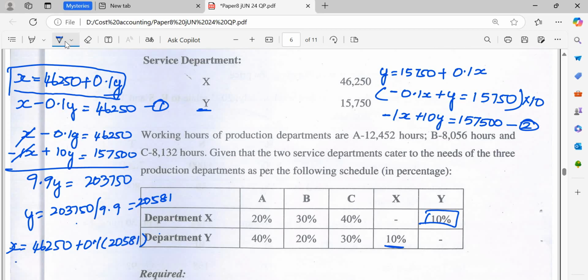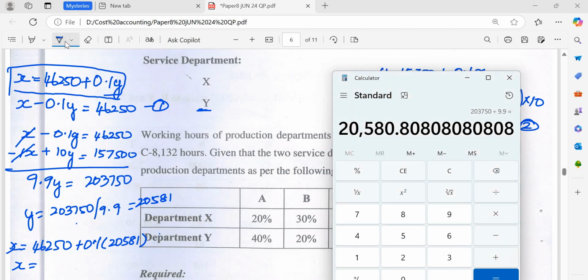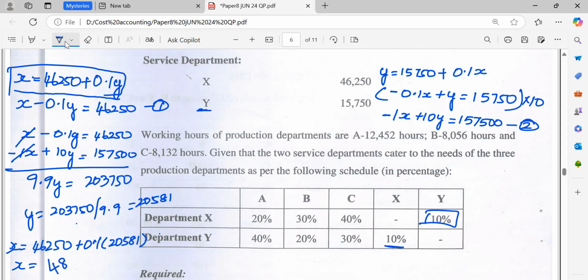So I will be getting X is equal to 258 into... 0.1, so 258, plus 46,250. So I will be getting X as 48,308. So now I have calculated the total overhead of X and the total overhead of Y. So now I can prepare the tabular column easily.